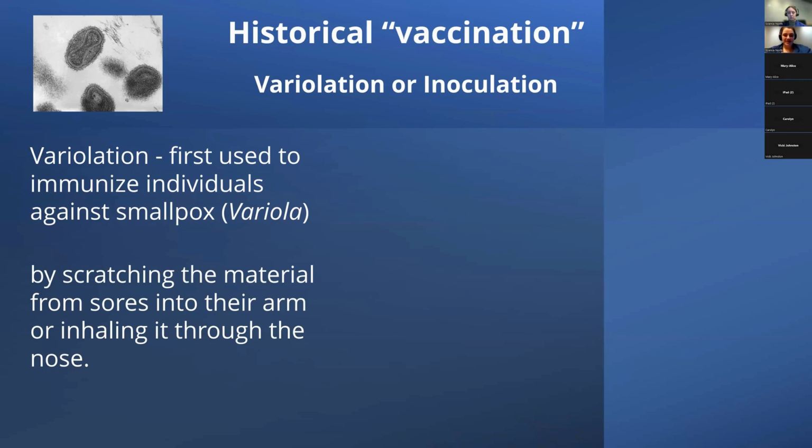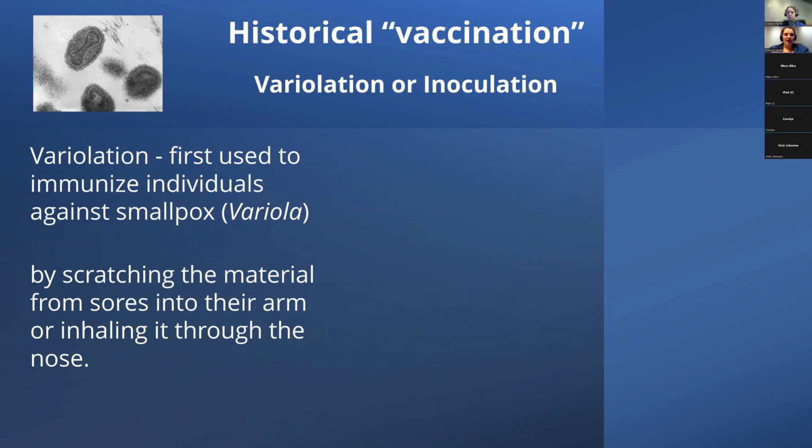The reason they did this was because the risk of getting sick, dying, and having a severe reaction from getting the actual virus from an actual person was quite high. So it was quite dangerous. By scratching the material in, they introduced a very small amount of the virus. It's called a small viral load.